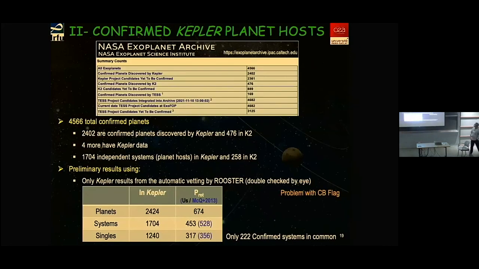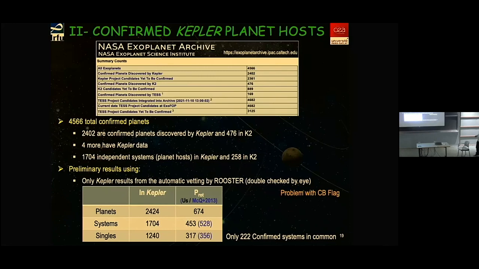So now we come back to the planets. That's what we had something like a week ago. That's the number of planets, and these are some numbers which are important for us. We have in Kepler 2024 planets, which belong to 1704 systems, and from there we have 1240 single planets.